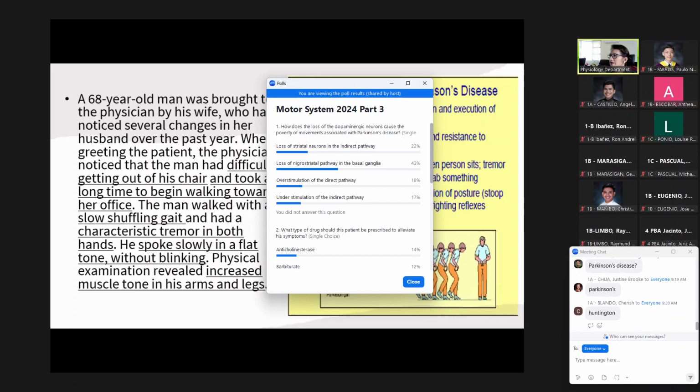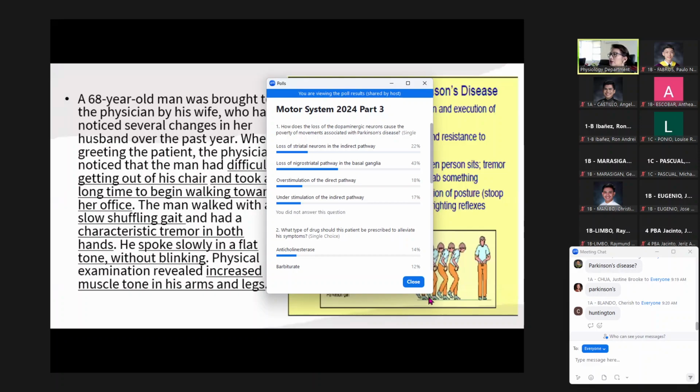Okay, and then there is this characteristic tremor. Okay, yung pill rolling tremor. Okay, so the patient spoke slowly in a flat tone without blinking. There is increased muscle tone in his arms and legs. Yan o.